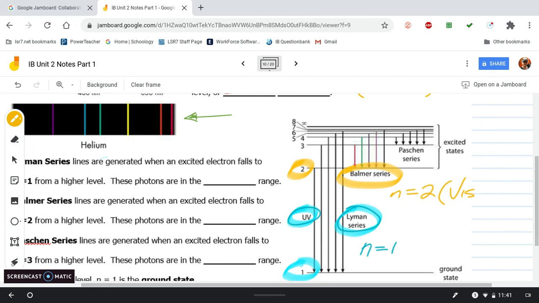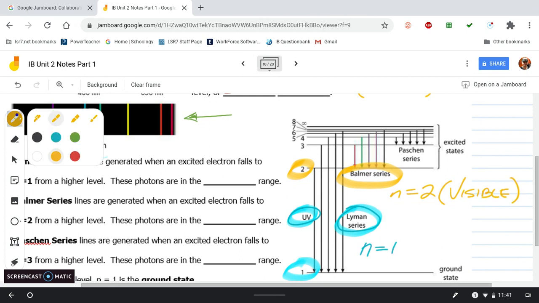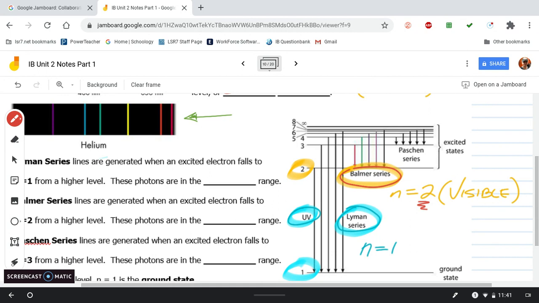If you look over here, Balmer series n equals 2, all these arrows are pointed down because they are landing in 2. They're not leaving 2, they're coming back down to 2, and when they do, they give off this visible light, and this is the Balmer series.